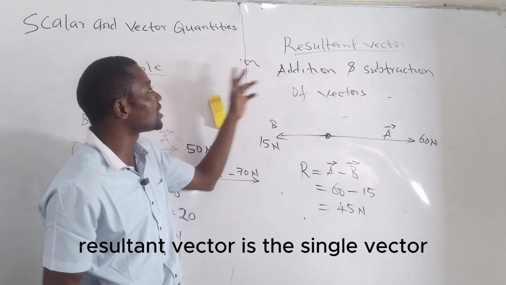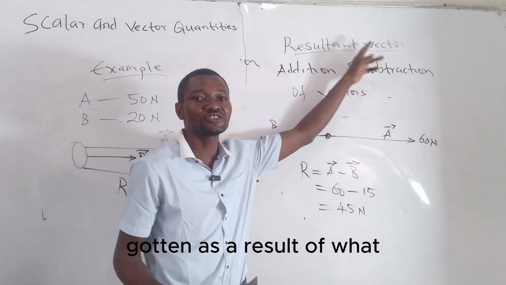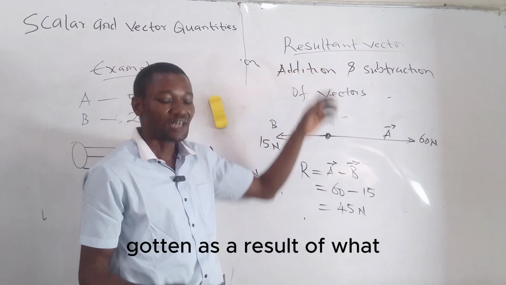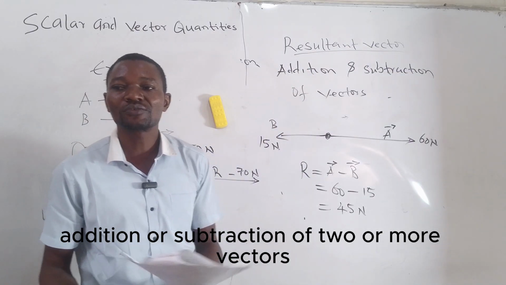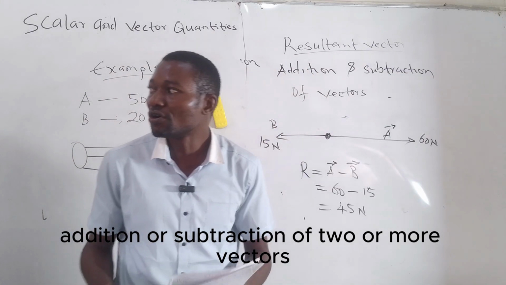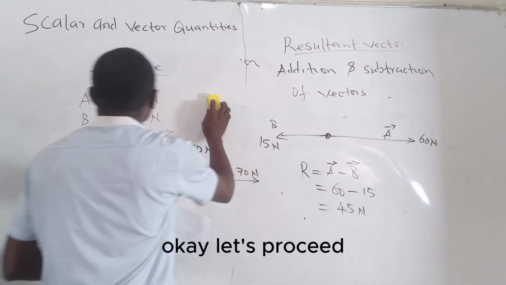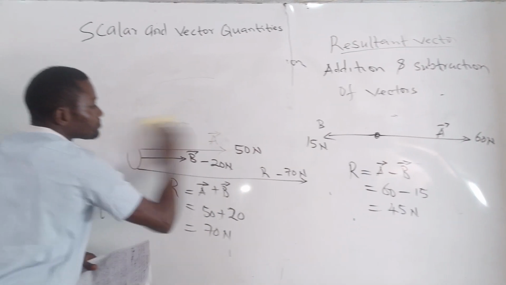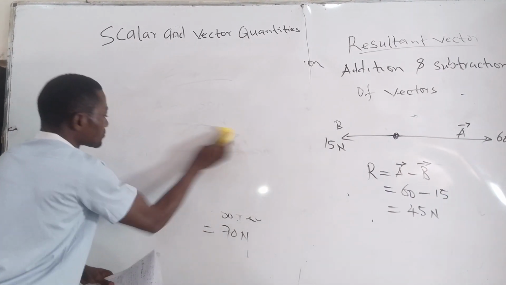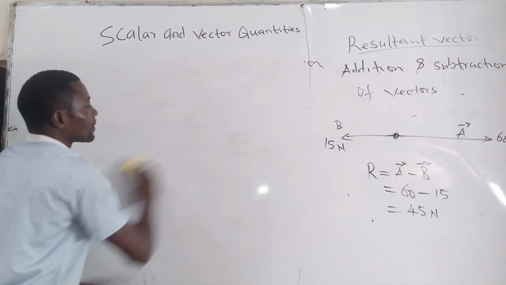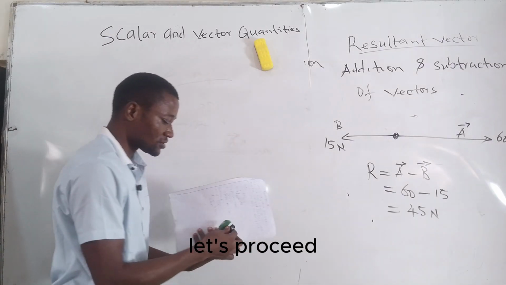Remember, we say resultant vector is the single vector gotten as a result of what? Addition or subtraction of two or more vectors. Okay, let's proceed.